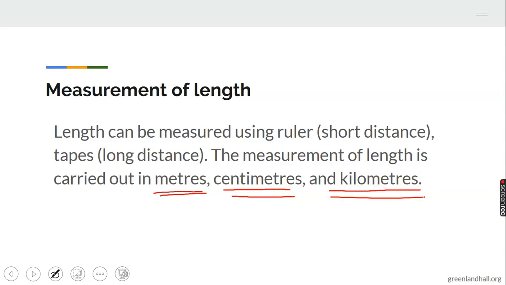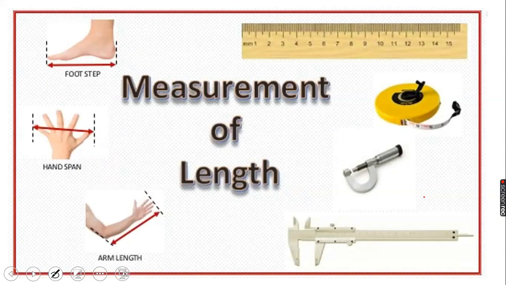That is a long distance. Five meters, you can measure on your ruler, depending on the ruler, because the long ruler, which is 100 centimeters, is just 1 meter. So you can rather use tapes for that, while for a ruler it is centimeters.